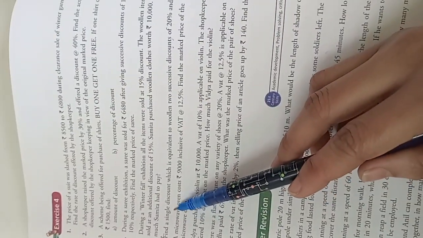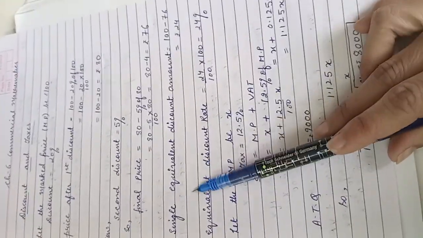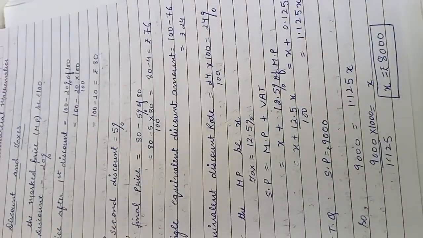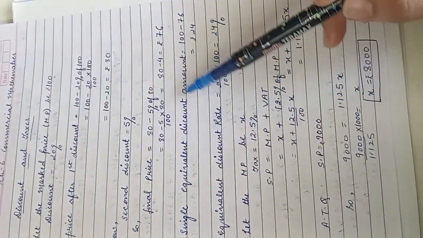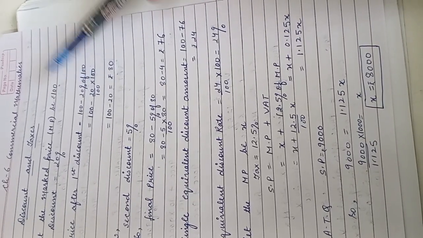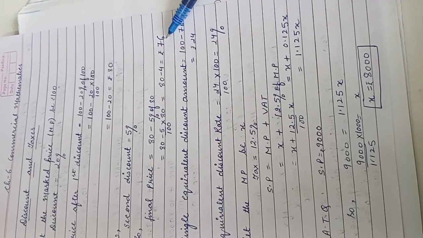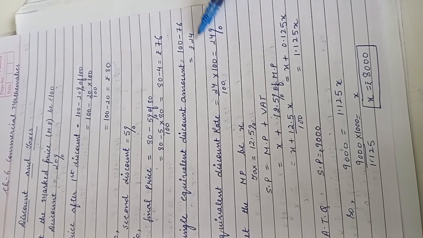Now, but what have they asked? They have asked about the single discount. Okay, so for the single discount, what do we have to find? The single equivalent discount amount. Single equivalent discount amount is equal to rupees, which was the first marked price, that is 100 minus 76, the final price after second discount, that is rupees 24.